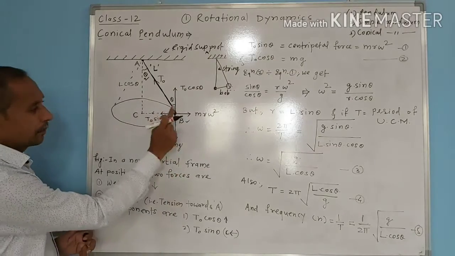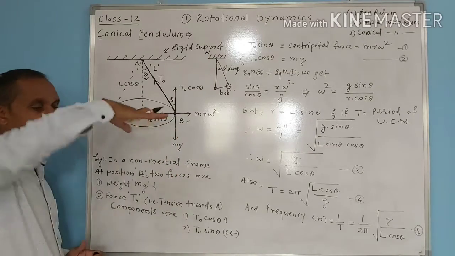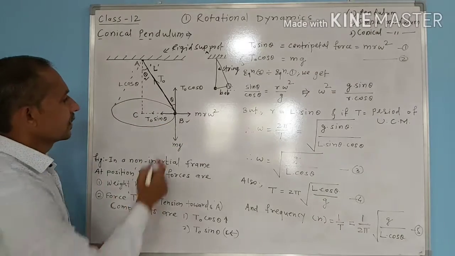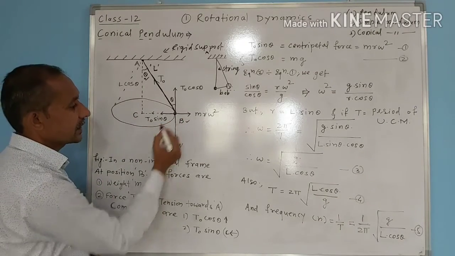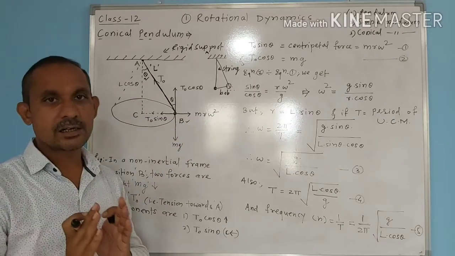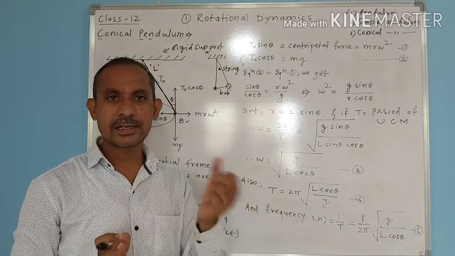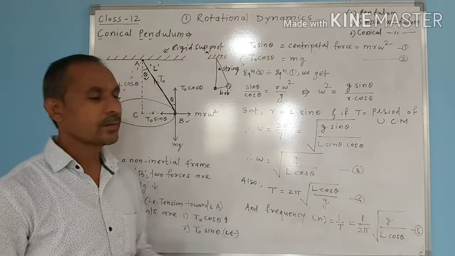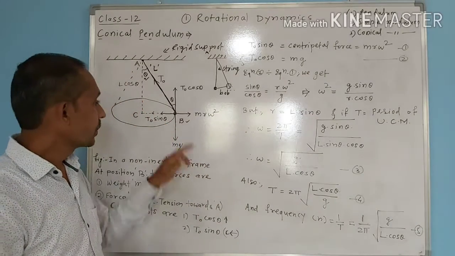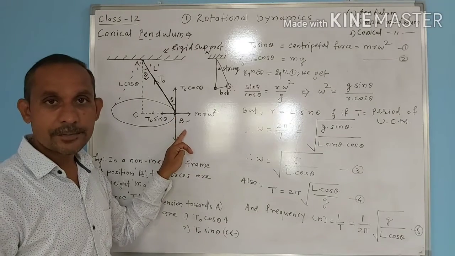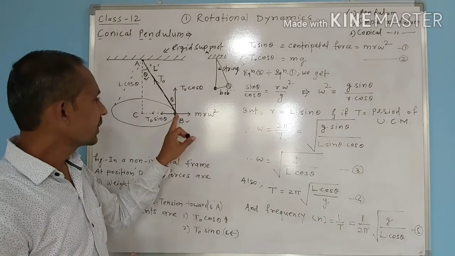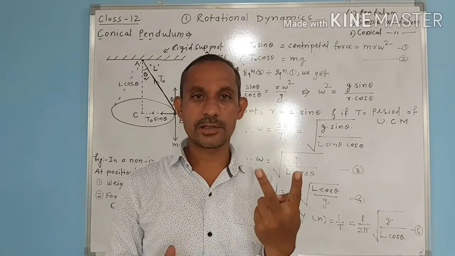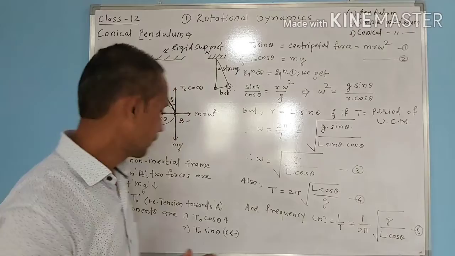So the bob is performing circular motion in the horizontal plane. Consider a certain instant while performing uniform circular motion in the conical pendulum, when the bob is present at position B. Then this bob will experience two forces.